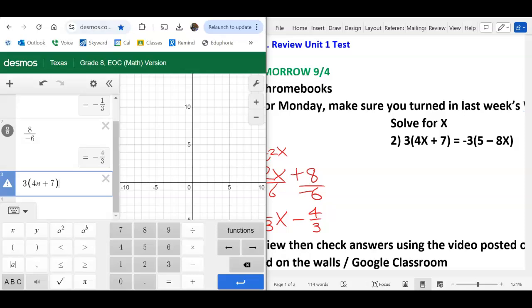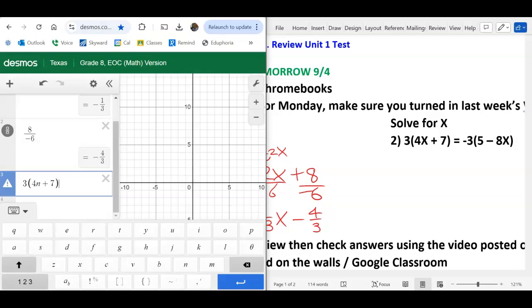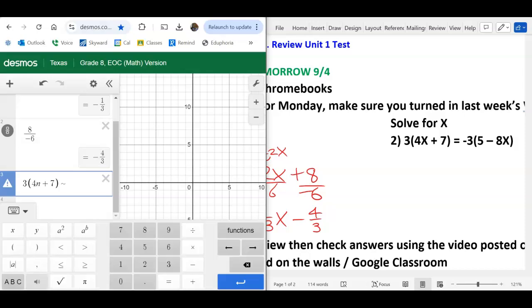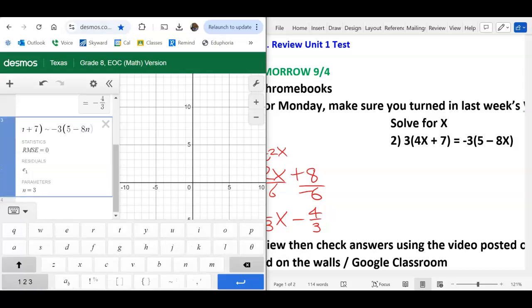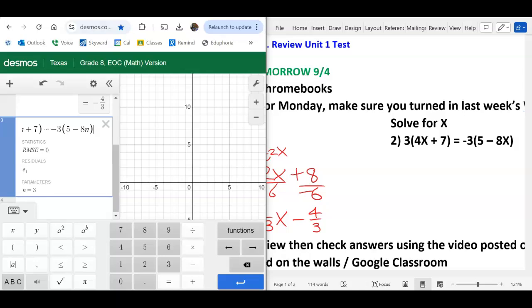Now, do I do equals or something else? I do the squiggle, the tilde, whatever. All right, and then type the rest of it in. Negative 3, 5 minus 8. N, not X, right? And remember, once you type it in with N, with the squiggle, it's going to say parameters, N equals 3. So that means X equals 3.